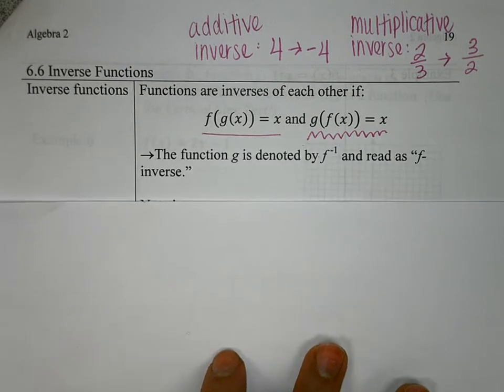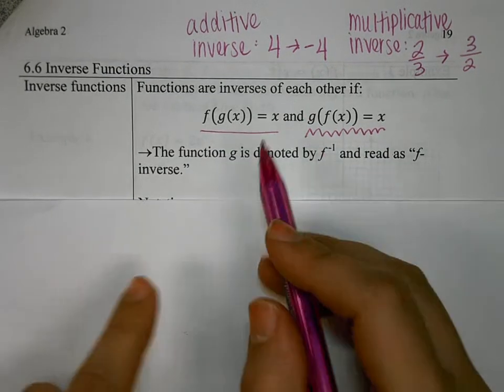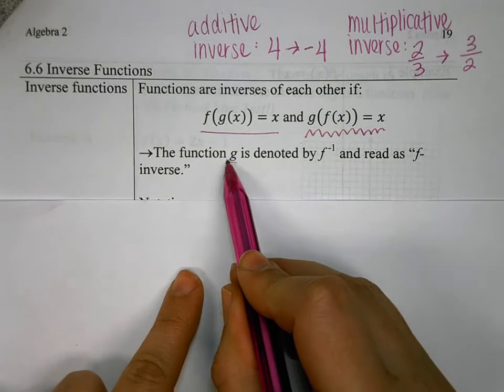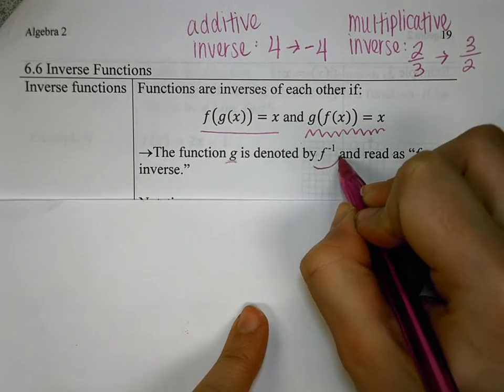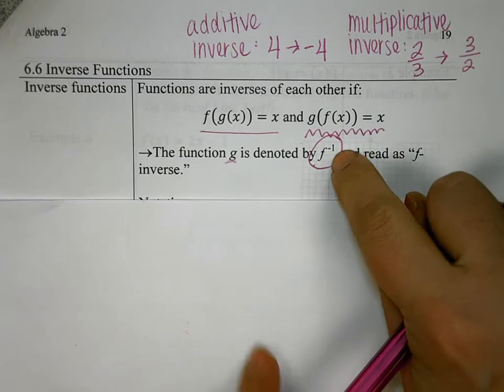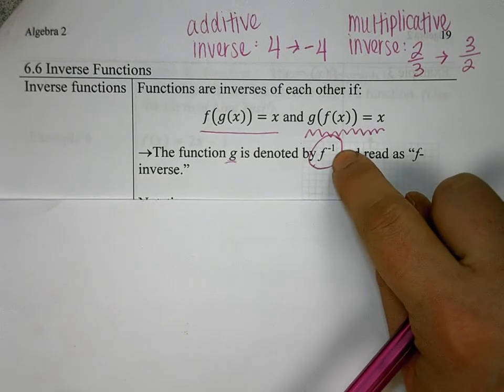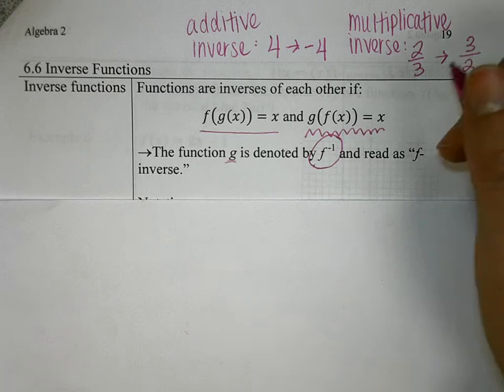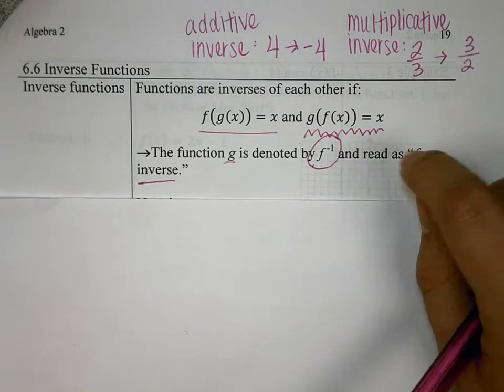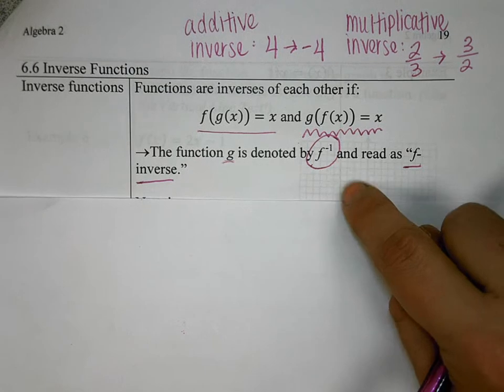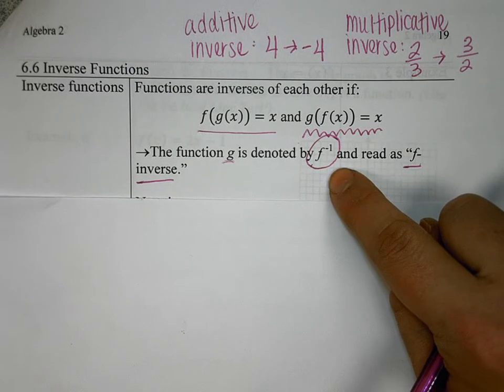We have a type of notation that we use. So now instead of having to say g and f are inverses of each other, we call the inverse of f, f to an exponent of -1. But we read it as f inverse. So when that exponent -1 is attached to the function, it's not an exponent.